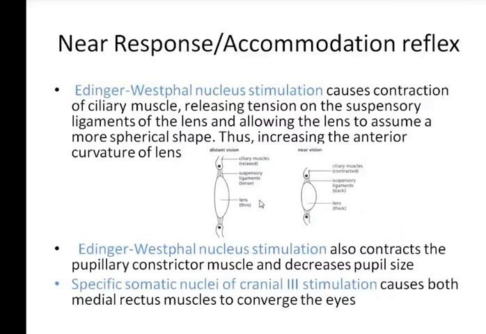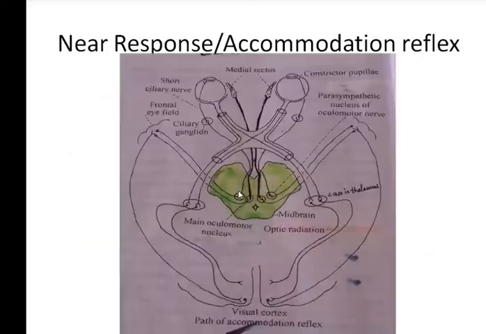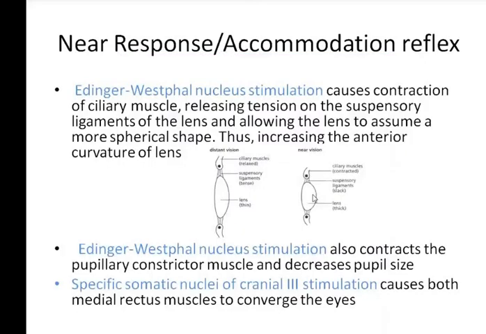Same thing, constriction of the pupil is going on. In the pathway shown here, some of the fibers cause contraction of the ciliary muscle, and that will cause an increase in anterior curvature of the lens. This we already know.